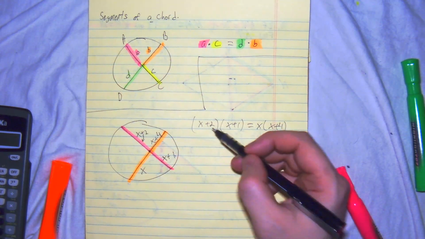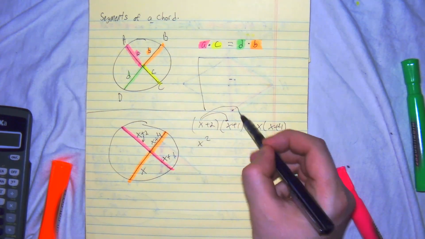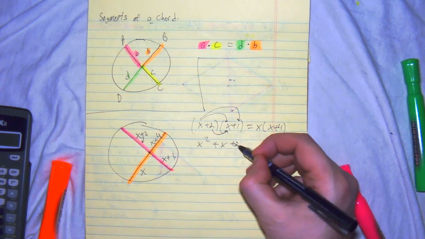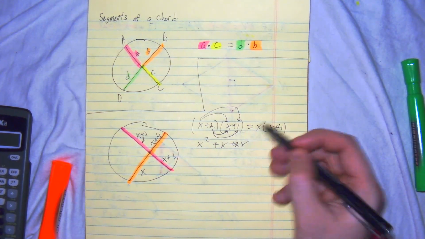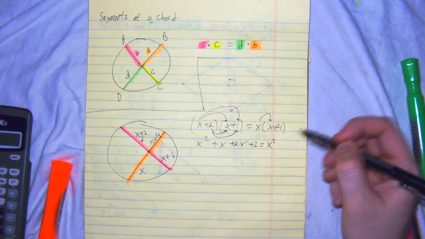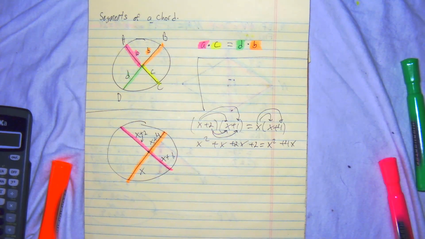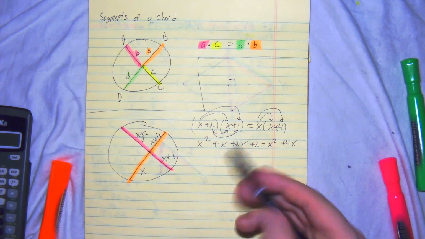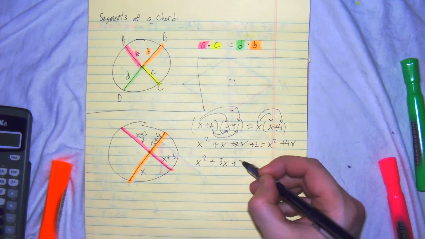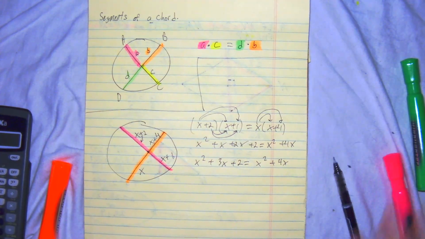It will be X times X, X squared, plus X plus 2X plus 2 equals X squared plus 4X. Simplify it, you get X squared plus 3X plus 2 equals X squared plus 4X.